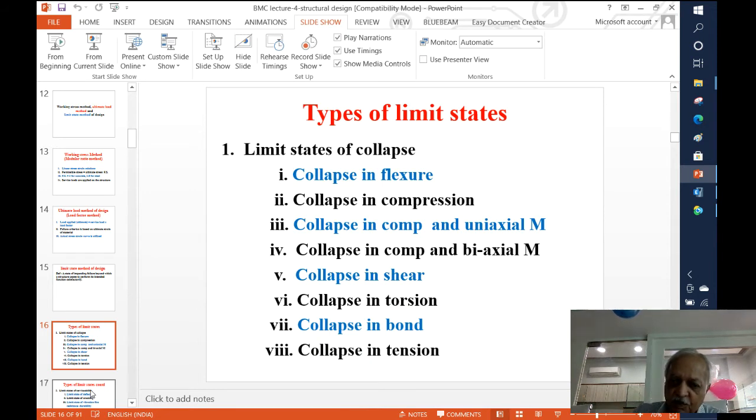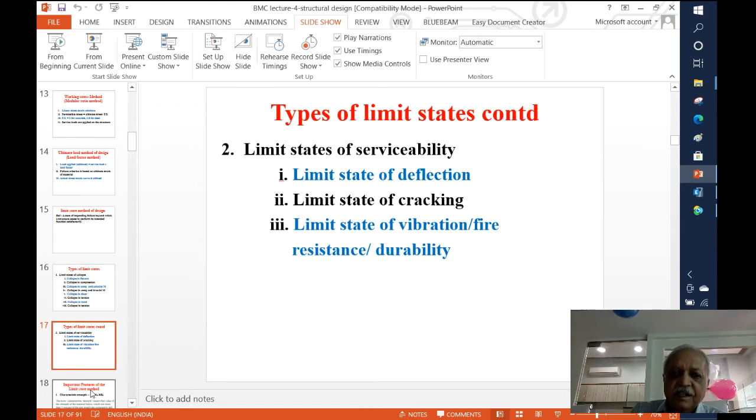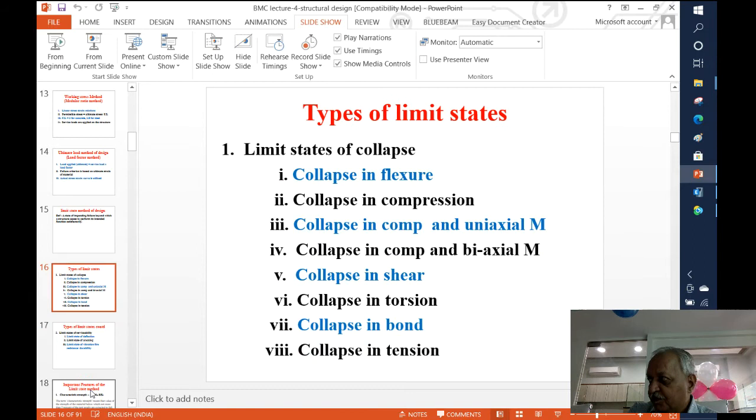So different failure criteria or failure state or limit state are indicated. One is only the stress type of failure that is indicated. Then we have other types of failure criteria. This one is the limit state of collapse. That collapse can occur due to flexure, due to compression, or due to debonding, and so on.